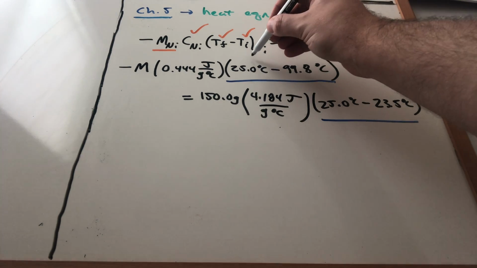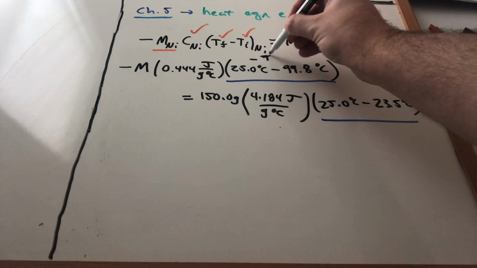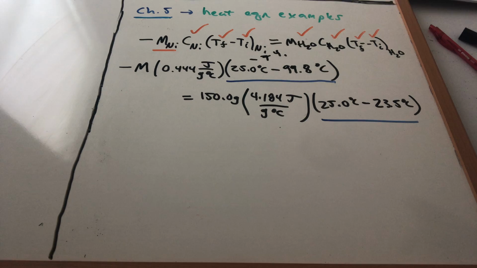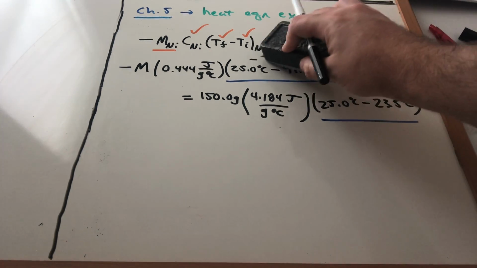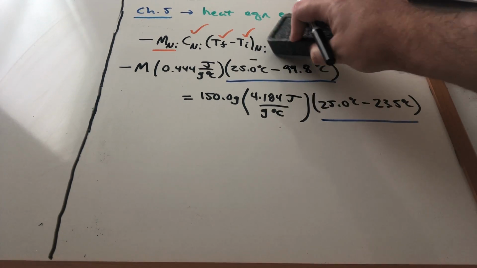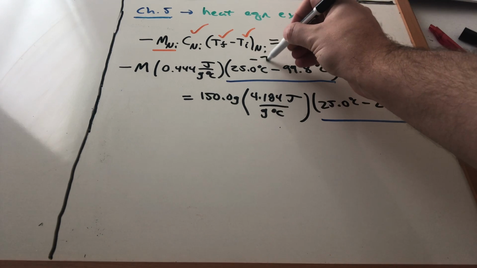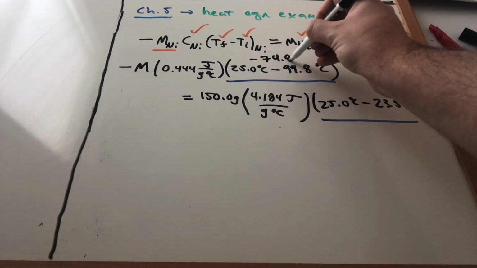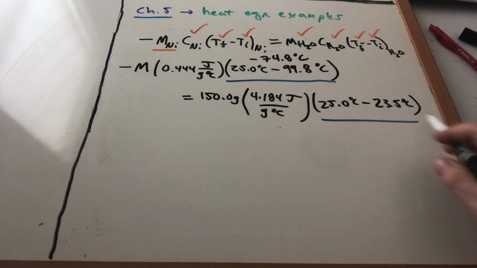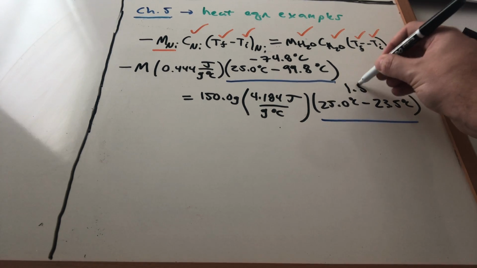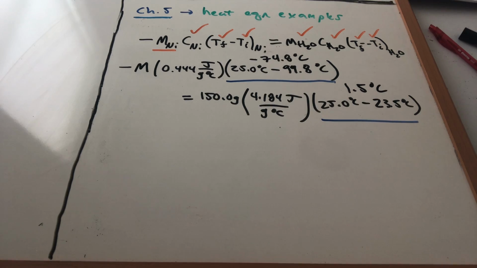So what I'll get out for this math right here is minus 74, oh, sorry, I wrote that terribly. I'll get out minus 74.8 for that work in parentheses. And here what we're going to get out is positive 1.5 degrees Celsius.